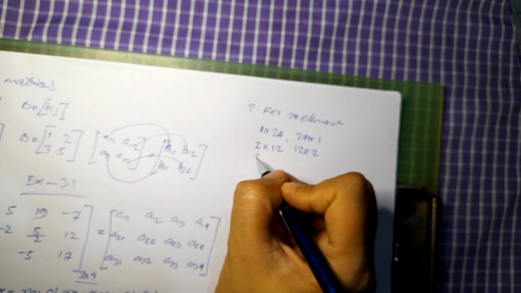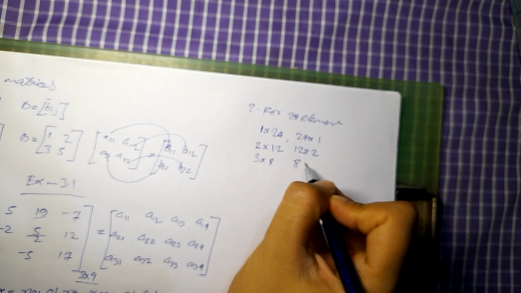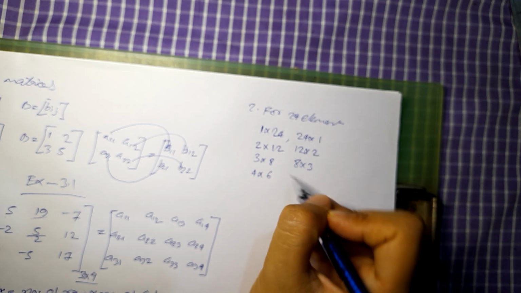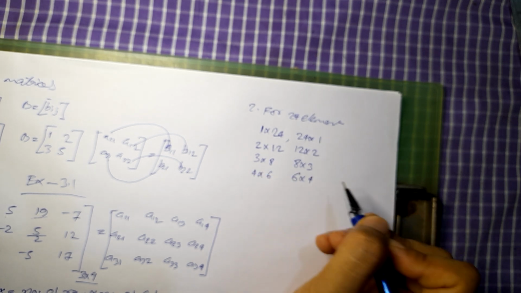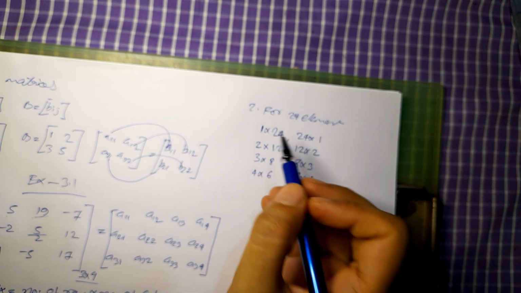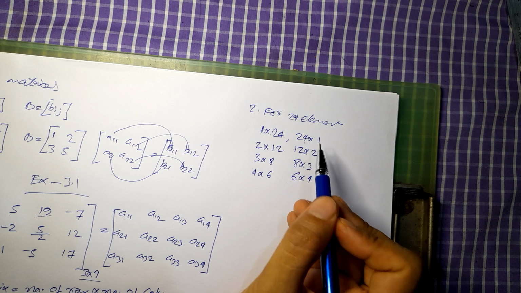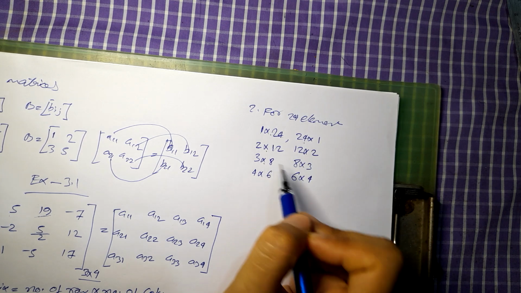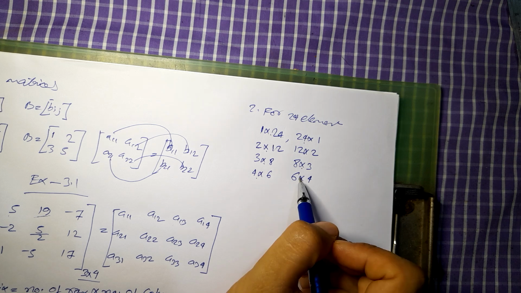If you multiply 3 8 and 8 3, 4 into 6, 6 into 4, these are the orders of the matrix. In all of these matrices we get 24 elements, everywhere we get 24.